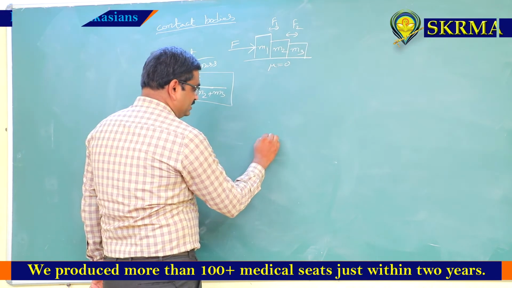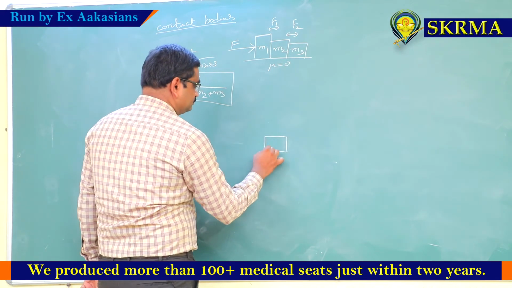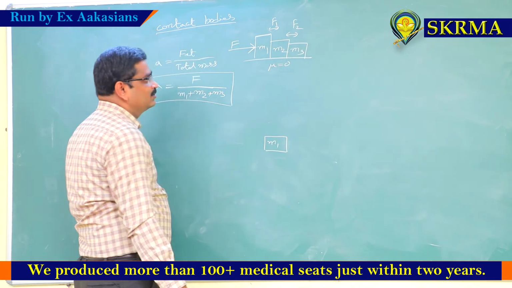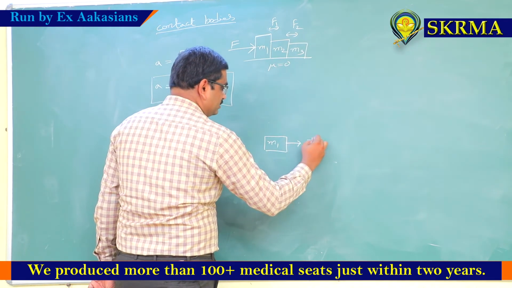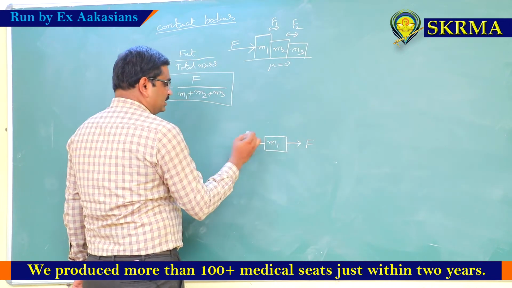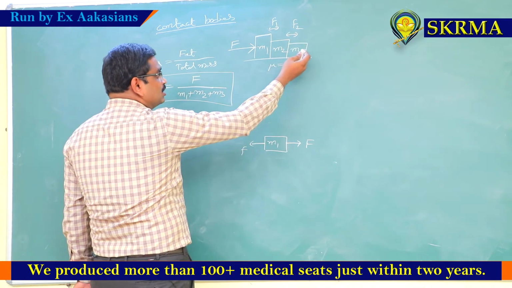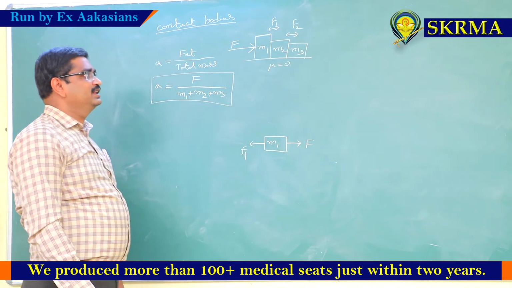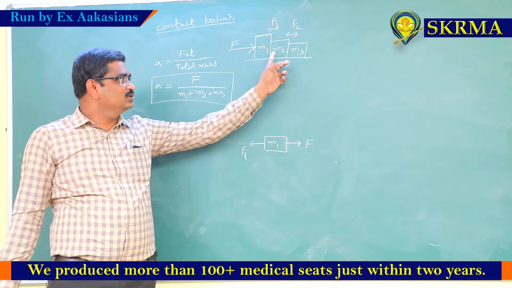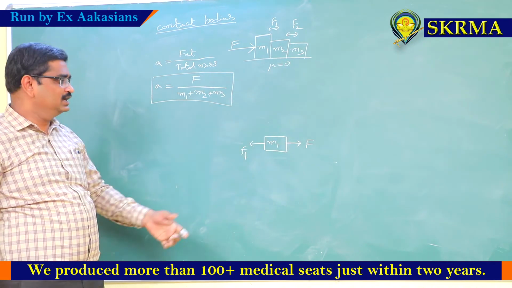For m1, what are the forces acting? Capital F is towards the right, and the remaining two objects will oppose the motion of m1. So the contact force between m1 and m2 will oppose the motion, directed towards the left.